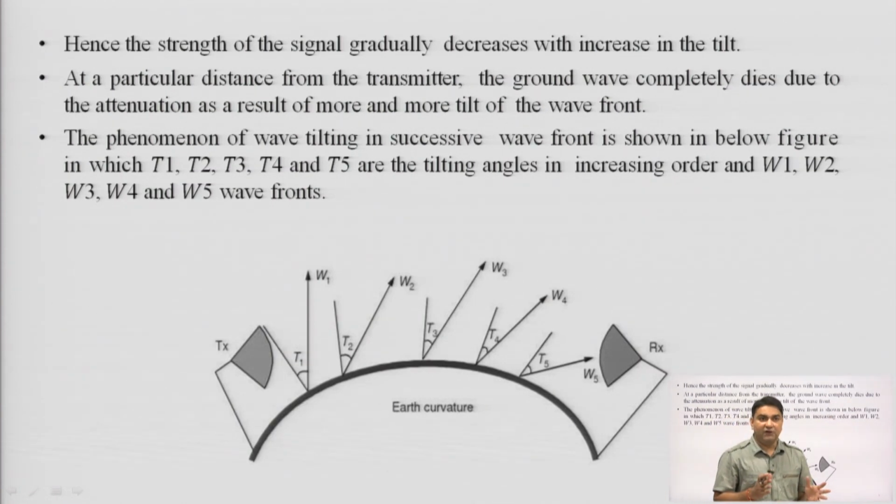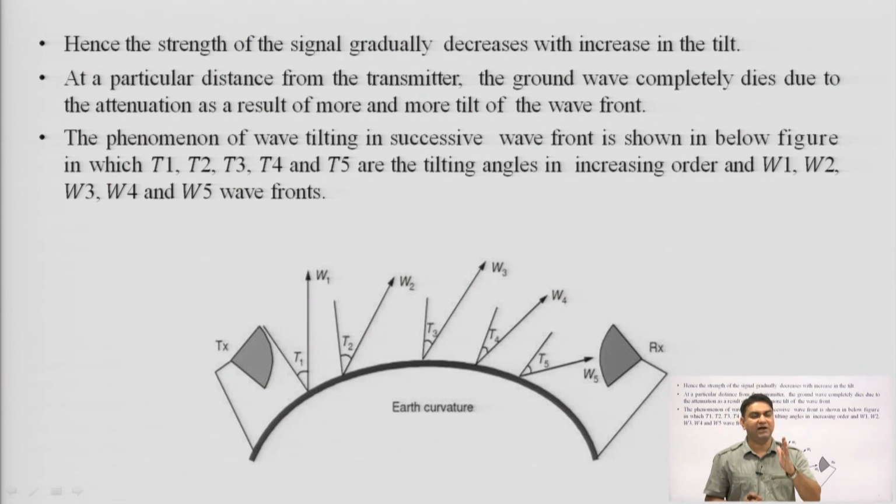The strength of the signal gradually decreases with increase in the tilt. Why does this tilting happen? This tilting happens just because of the curved surface of the earth. When the curve is more, obviously the tilting is more.